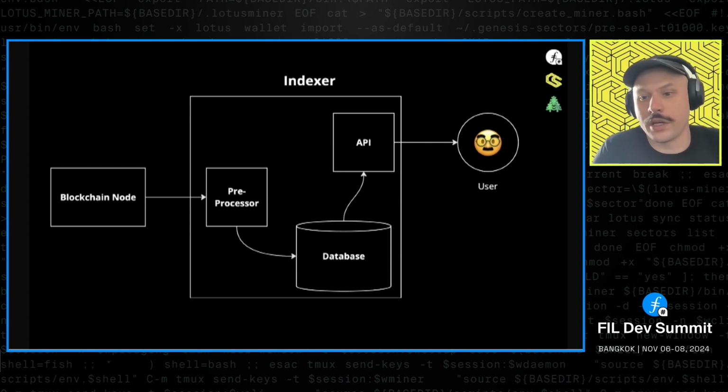It may also need to monitor for things like forks in the network, wait for finality, or make any other considerations depending on the protocol. The data is then stored in usually some sort of classic database, and then made available through an API for users to query.